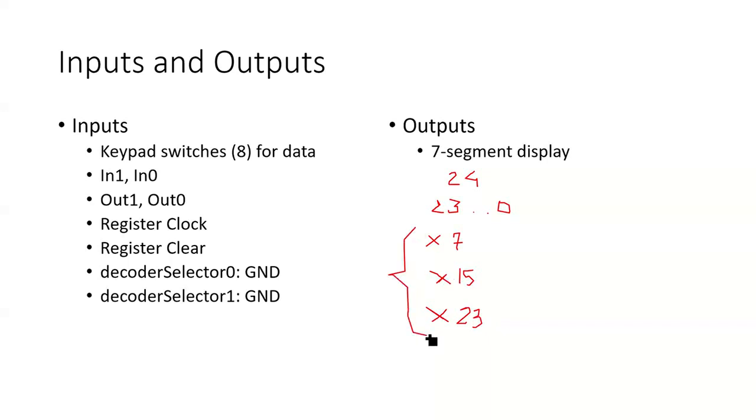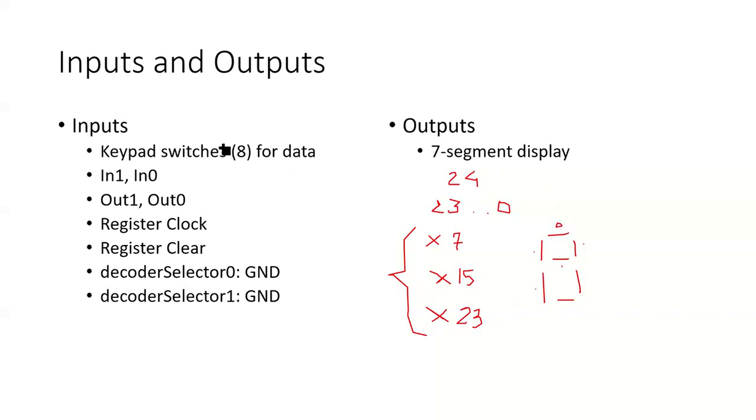So you're not connecting these to any pins, but the rest of them you'll be connecting to your 7-segment display, right? So the 0 goes here, 1, 2, 3, 4, 5, and 6. And then 7 not connected, 8, 9, 10, 11, 12, 13, 14. 15 not connected, 16, 17, 18, 19, 20, 21, 22, and 23 not connected. So that is your 7-segment display output.